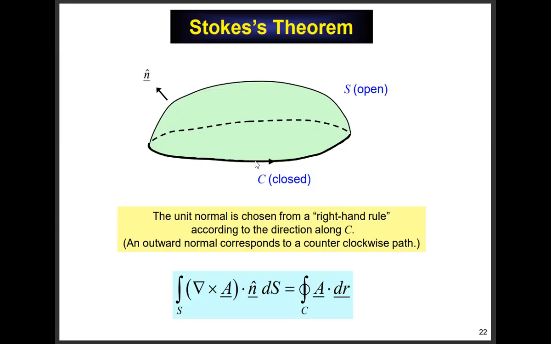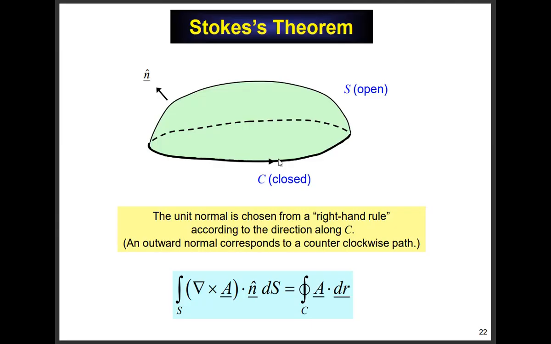So Stokes' theorem applies to an open bowl-shaped surface that's always bounded by a closed contour or path C. The bowl is arbitrary in shape, and C is also arbitrary as long as it's a closed path. One special case is if the path C is flat, and then you squash the surface S down to become flat too.